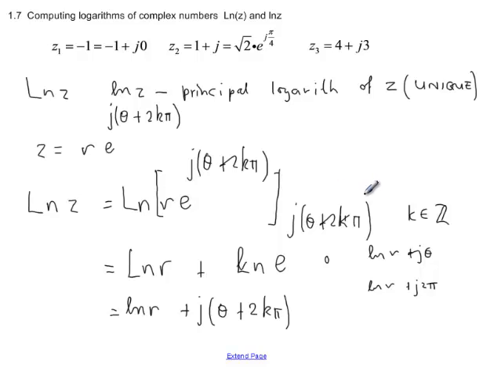Did you get the question? What is the question? Among those infinite arguments which depend on k, which one are we going to choose? They say this one is the argument we're going to use for the principal logarithm.